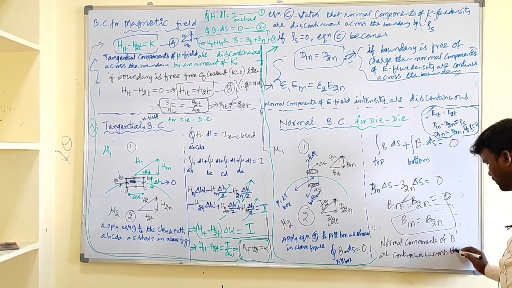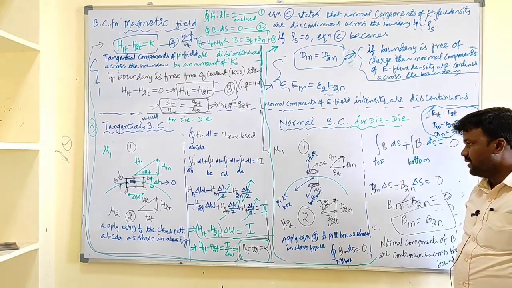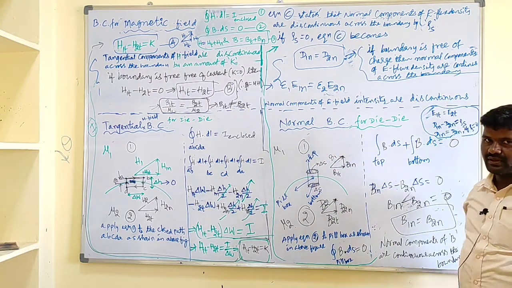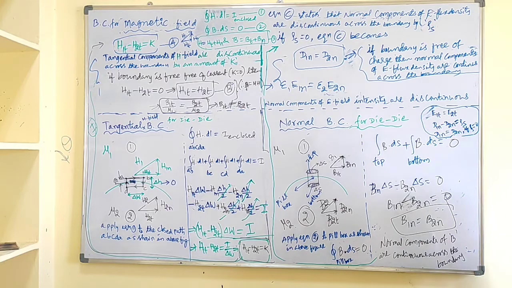If you see the magnetic flux density on either side of the boundary, for the first medium or the second medium it is the same. That is B1n equal to B2n.